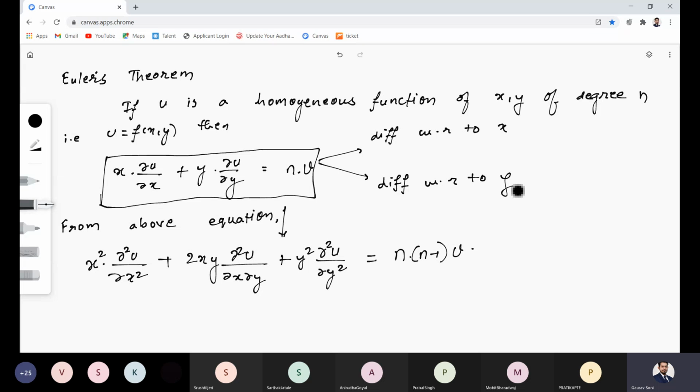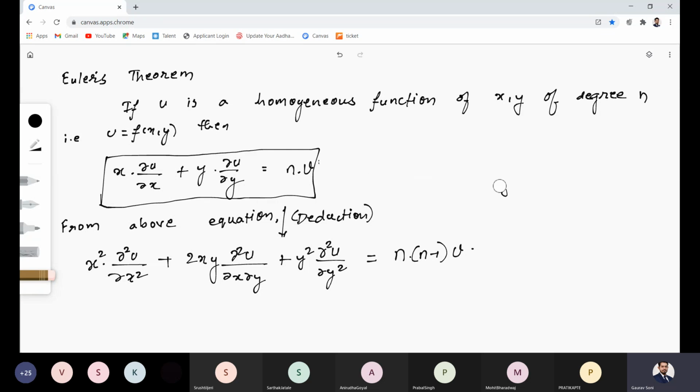So that's why this is also called the deduction from the given Euler's theorem. But while solving examples, we will be directly using this. You can try this. How can we derive this second equation from the first one? It will be a good exercise. Fine.